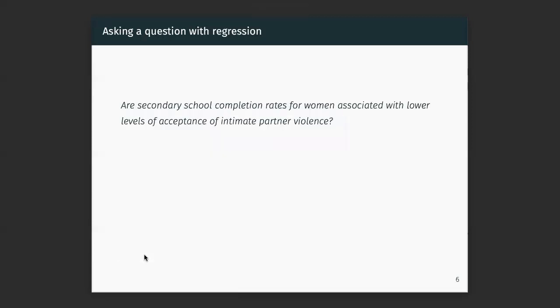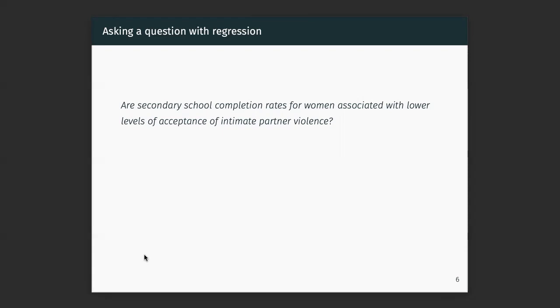So let's go back to how we ask questions with regression theoretically. We might ask, as you did in your homework, are secondary school completion rates for women associated with lower levels of acceptance of intimate partner violence? Holding in our head a theoretical model that suggests that as schooling increases, we expect toleration for domestic violence to decrease, because women's relative power in society is increased by access to education, right?